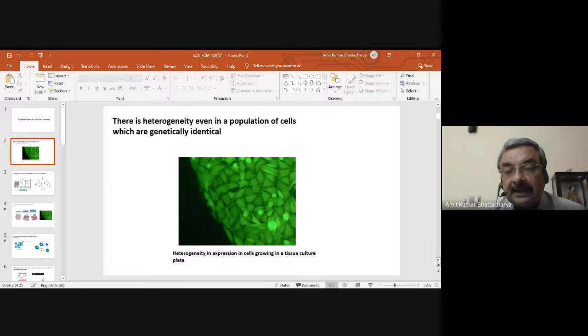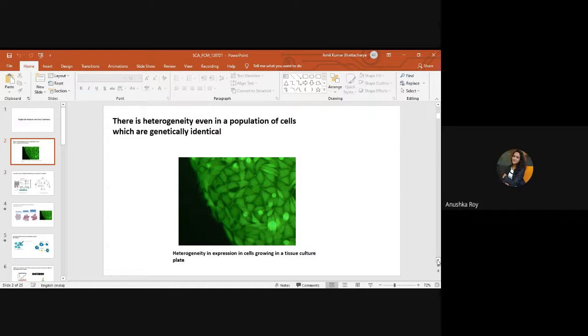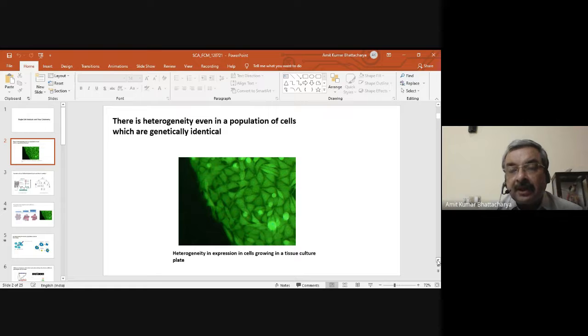Now, the other thing is that even if you have a clonal population of cells, I think the word clonal is familiar to you, right? You see a clonal population of cells frequently when you grow cells in culture.